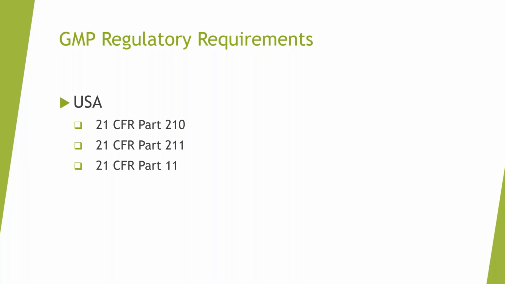And we have 21 CFR Part 11, which relates to electronic records and electronic signatures. It's not just applicable to the pharmaceutical industry, it's an industry-wide regulation that applies to regulated industries. There are other codes of federal regulations that you should be aware of, depending on the area that you're working, and these can include specific regulations for biologics.